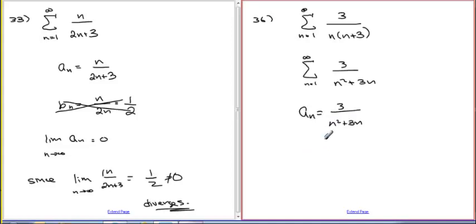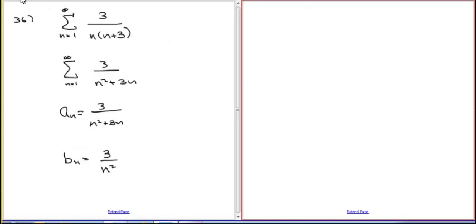Since this is positive, we know we can do a simpler version, which just has 3 over n squared. So if this converges, then that converges. And they're always positive. So I think this is the direct comparison test that we learned in this chapter. Yeah, so this is always less than that. So if this converges, then that converges. So what we need to do is look at the convergence of this series.